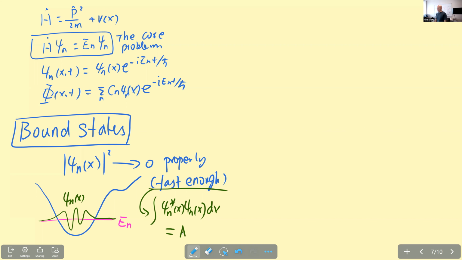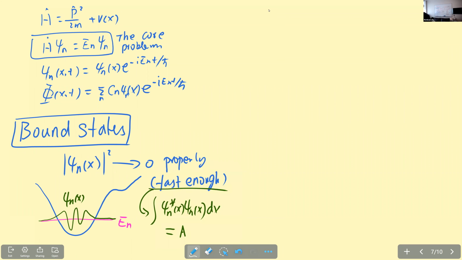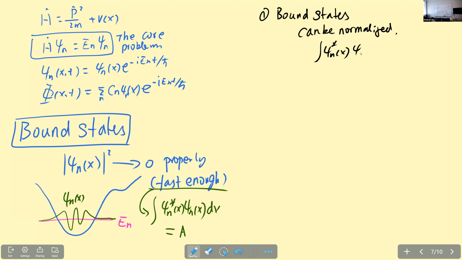Okay, so that means we can normalize this one. So this basically means the bound states can be normalized. So that means we can write down the integral of |psi_m(x)|^2 dx equals 0. Sorry, equals 1. So that's one thing that we know for these bound states.